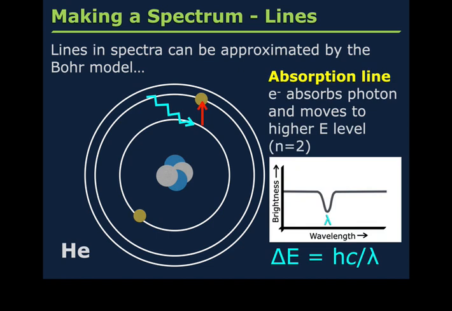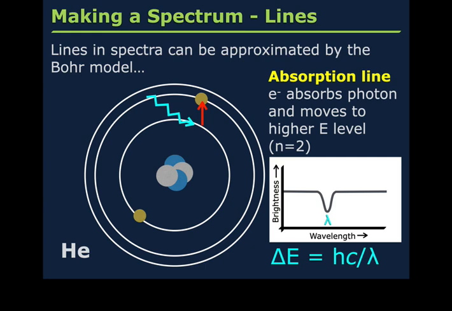So that electron has absorbed that photon, and it's moved to a higher energy level as a result, but the photons exciting that electron have been taken out of the spectrum of light that's passing through this helium atom. So this means that we lose photons at a very specific wavelength, and we get this spectrum, where the wavelength of that little dip corresponds to the energy difference needed to excite the electron and the wavelength of the photon that managed that energy difference. So that's how you get an absorption line.